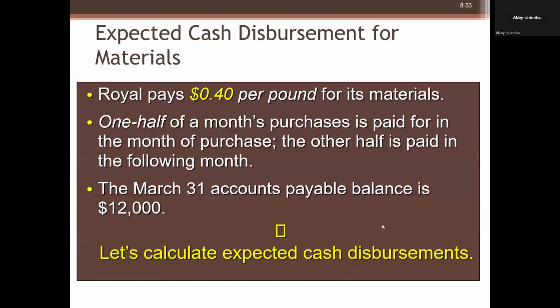All right. Cash disbursements, again, this is similar to cash receipts because it's telling us when we're actually paying. This is all cash-based. Cash receipts, cash disbursements, we're really just tracking the cash here. So Royal pays 40 cents a pound for its materials.